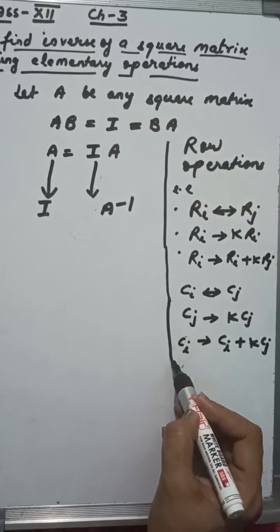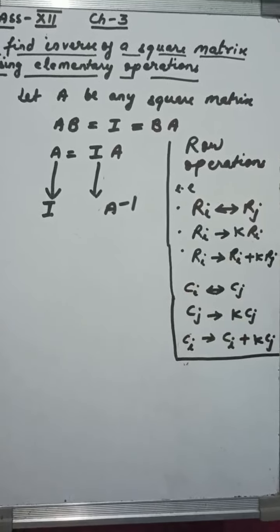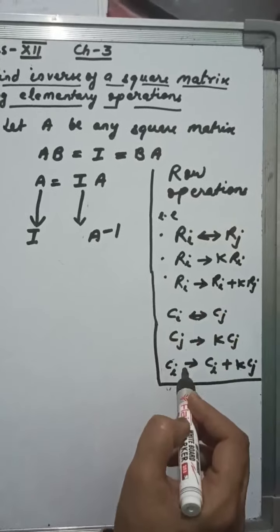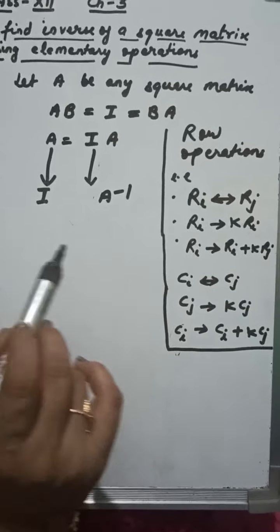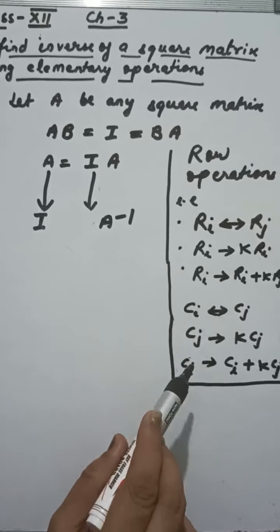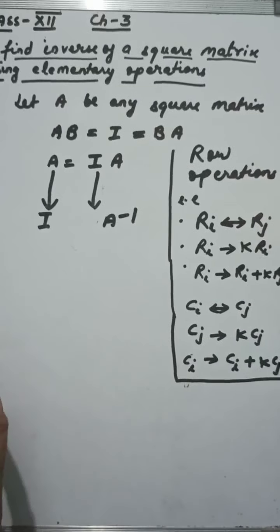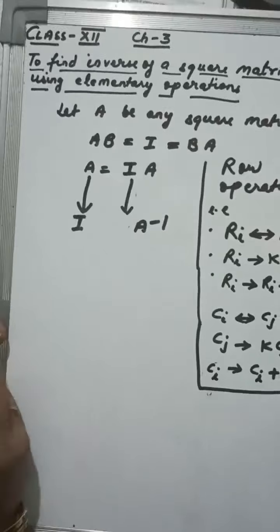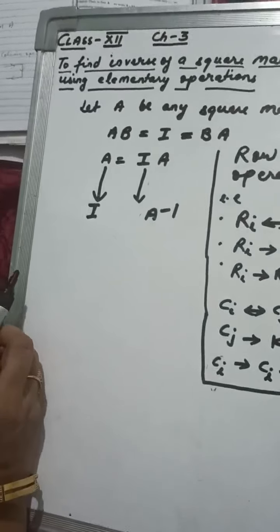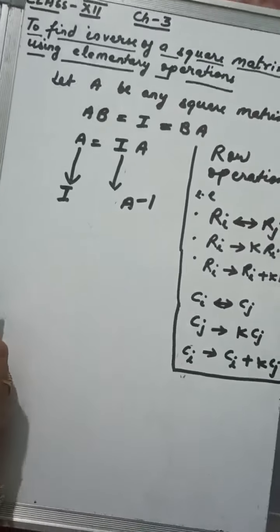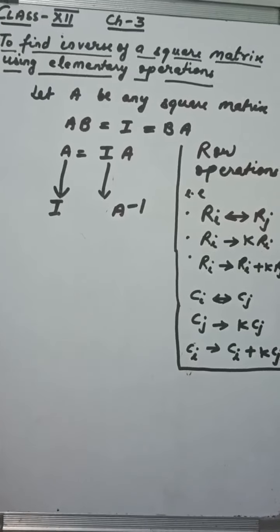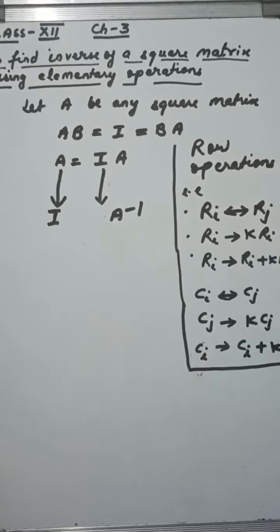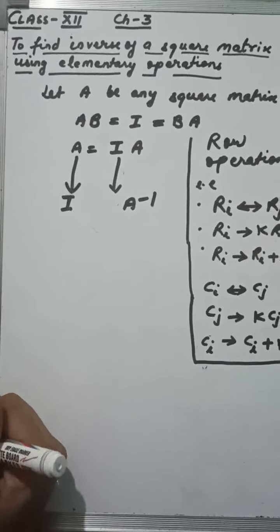So there are a total of 6 elementary operations, 3 in rows and 3 in columns. In a particular question, you can either apply elementary row operations or elementary column operations, but not simultaneously. Suppose in any question, after applying some operation, one row or more rows are completely zeros. In that case, A inverse does not exist.